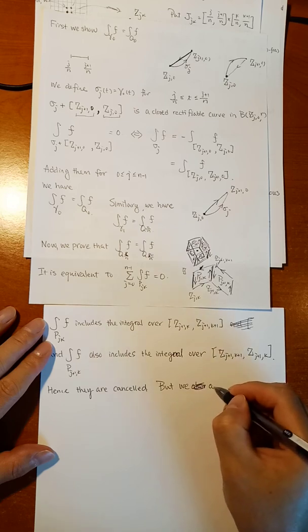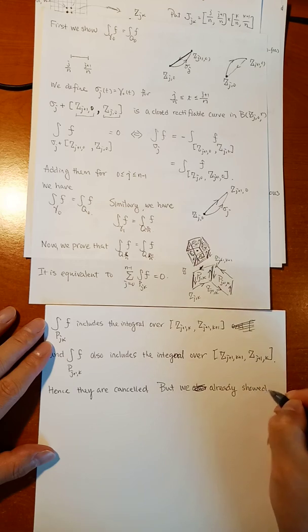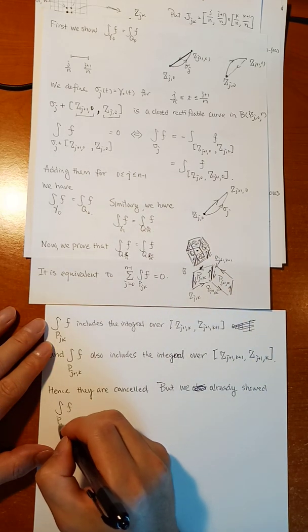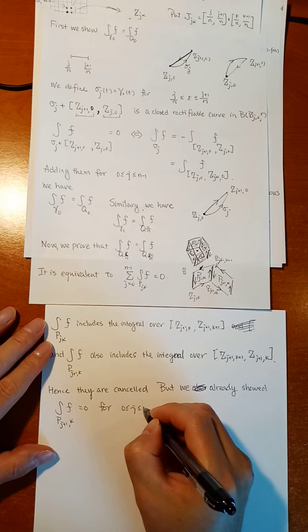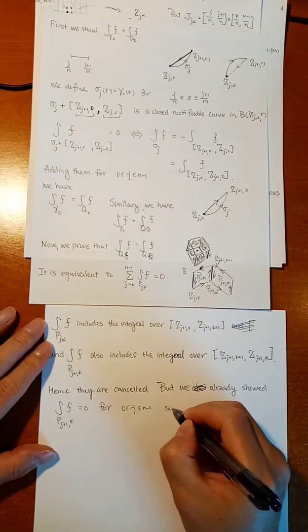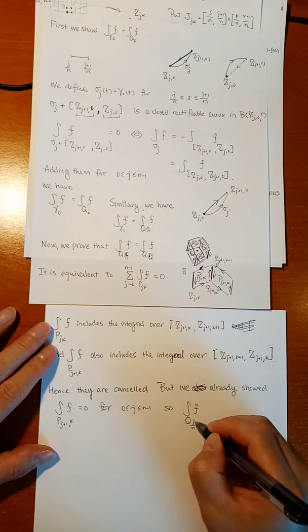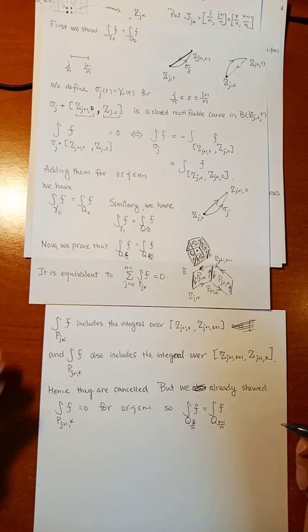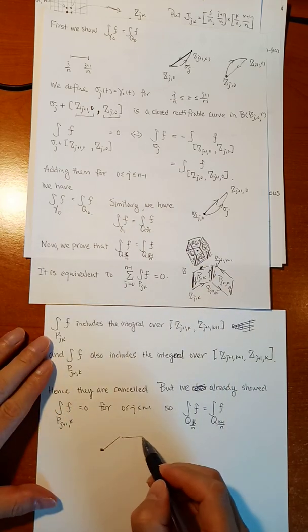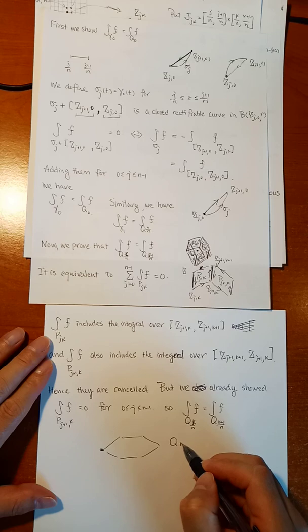We already showed the integral of f over each pj1k is equal to 0 for j between 0 and n minus 1. So we proved that the integral of f along q j over n, k over n is equal to the integral of f along q k plus 1 over n. Okay, so this is q n plus 1 over n.